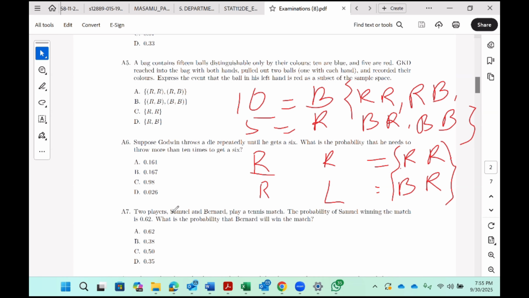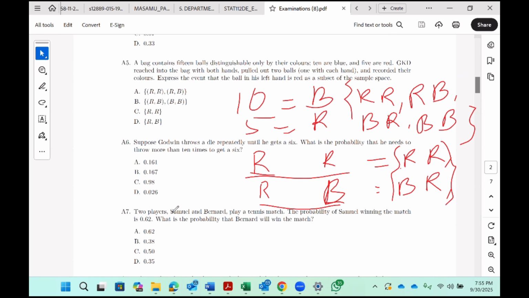We have either red, red or red, blue, if your first one is your left hand and the second one is your right. So the first possibility will be red, red, the second one will be red, blue.